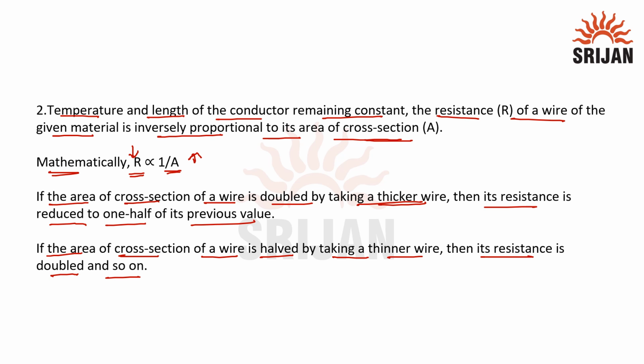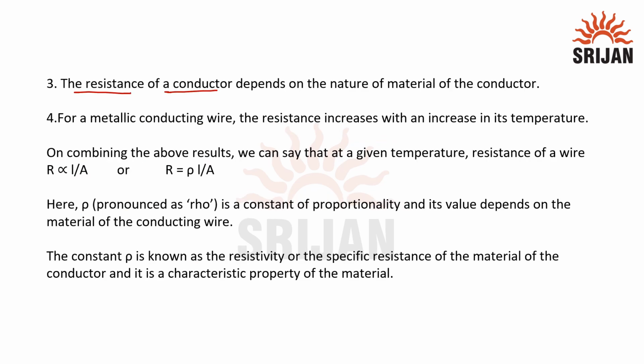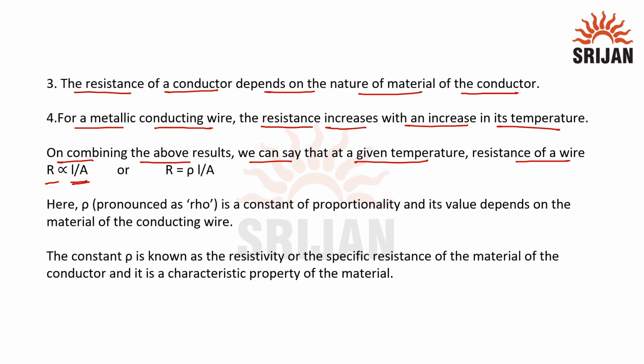and so on. The resistance of a conductor depends on the nature of the material of the conductor, and for a metallic conducting wire, the resistance increases with an increase in its temperature. So on combining the above results, we can say that at a given temperature, the resistance of a wire R is directly proportional to L by A, or R is equal to rho into L by A, where rho is the constant of proportionality.